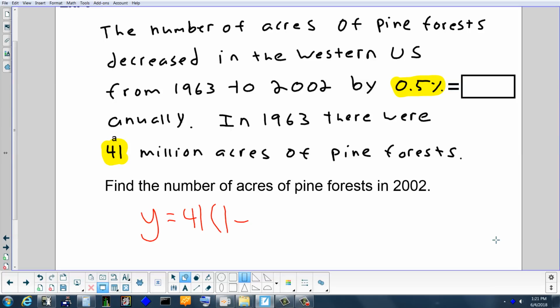Alright, so the rate was 0.5, right? But to put it into our actual formula, what am I gonna make sure I do? I gotta do something with that decimal point. Where do I move it, to the right or to the left?